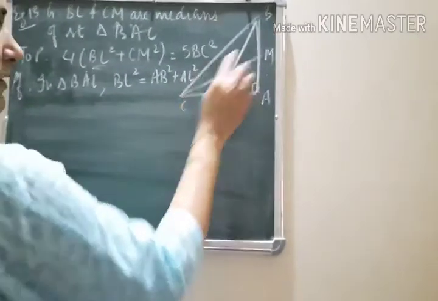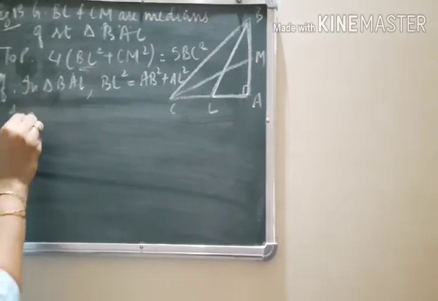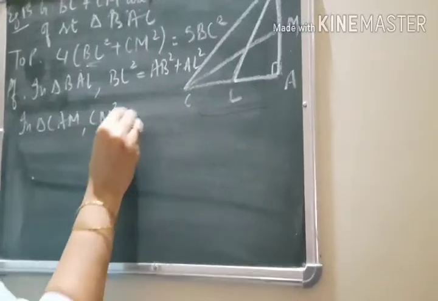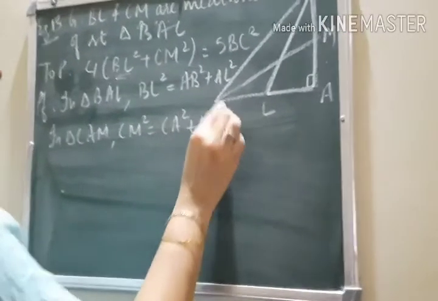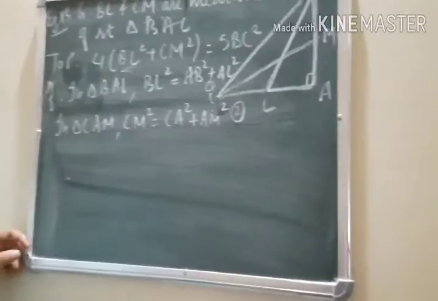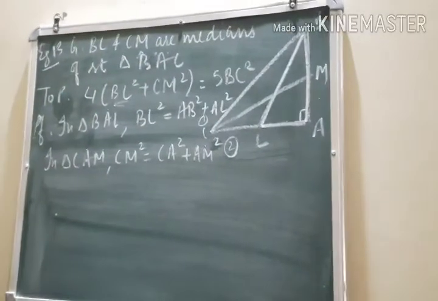Then you need CM square. And CM comes in the triangle CAM. So in triangle CAM, CM square is equal to CA square plus AM square. This is the first equation, this is the second equation. Now when you look at what we have to prove, what do you need to do with these two? You have to add.